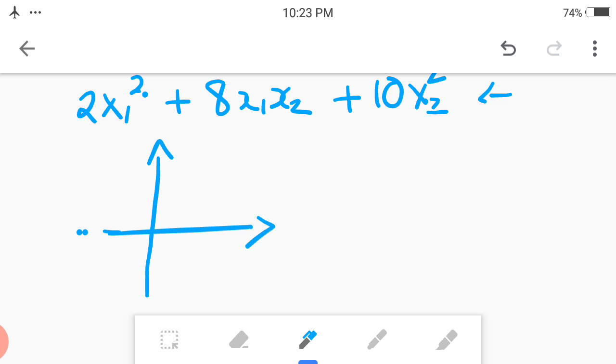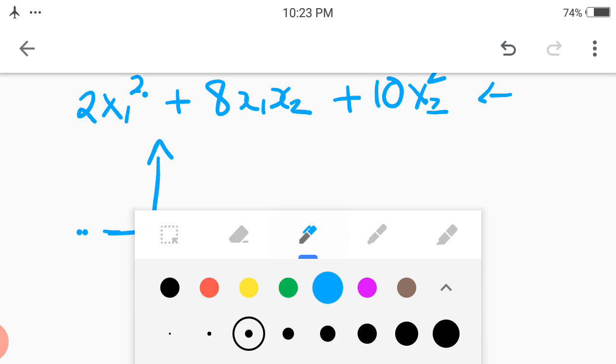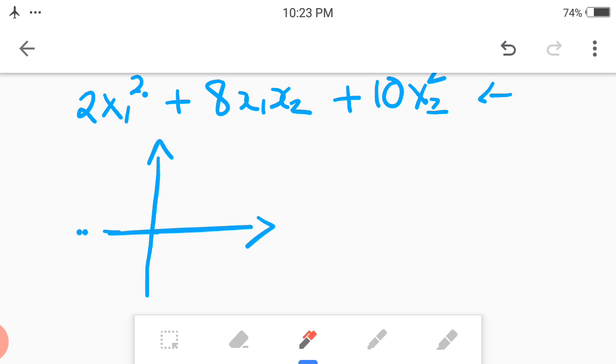If you try to draw these points, except when x1 x2 is 0, all other times it is positive, and it is circularly spreading. Why is it always positive?